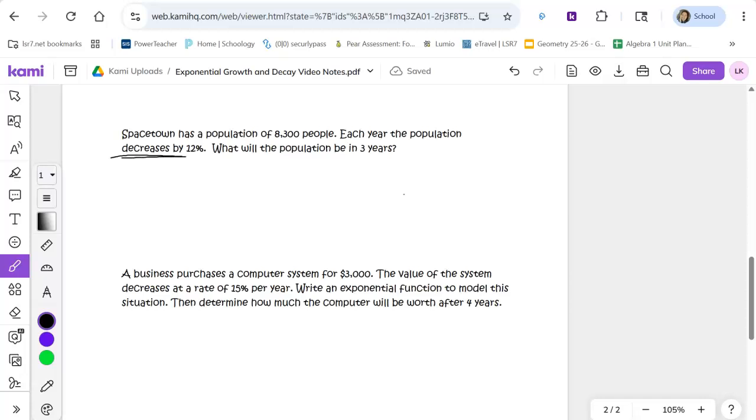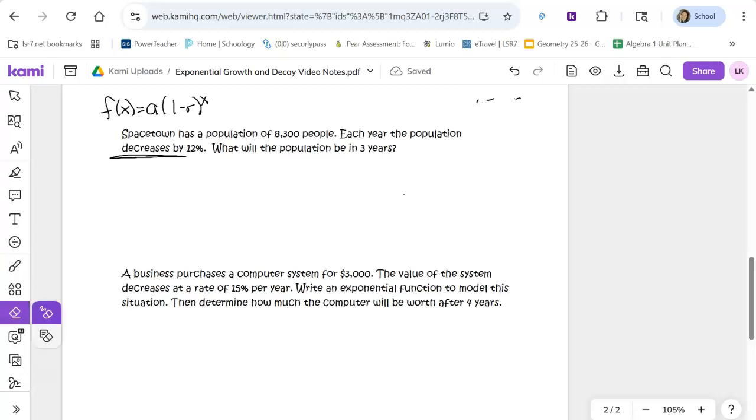So this says decreases, so we have to use our decay formula, which is f of x equals a times 1 minus r to the x power. That's the formula we're going to be using.